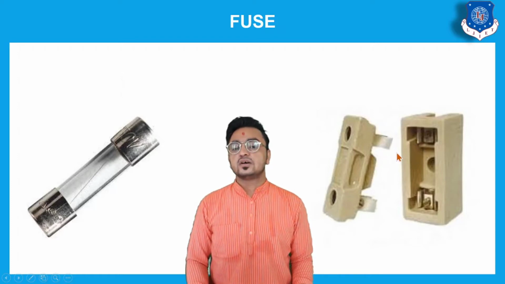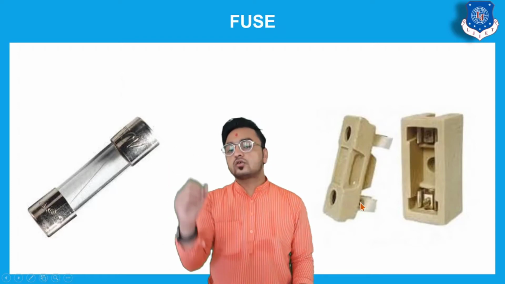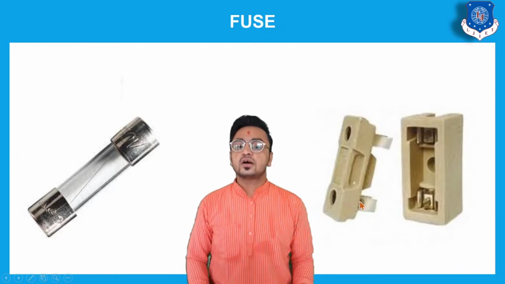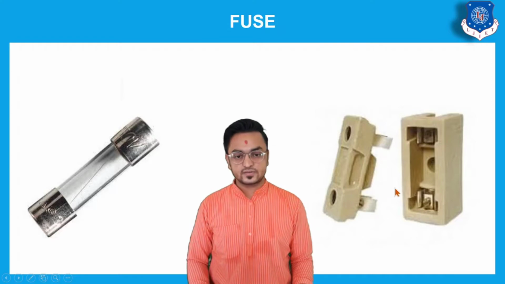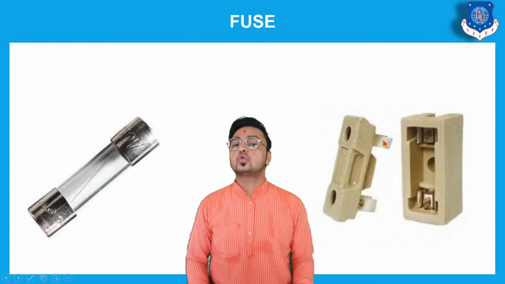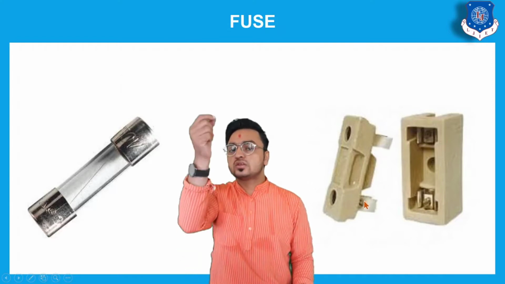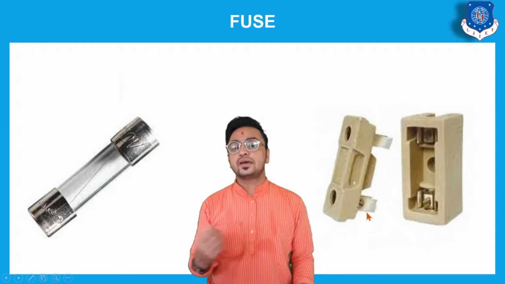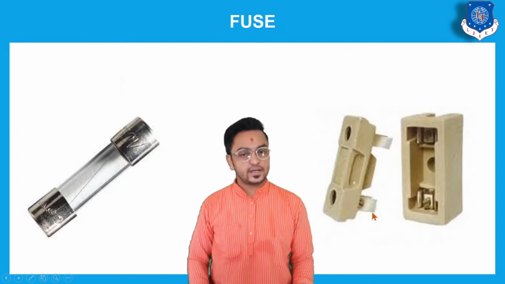In the same way, on the enclosure of this fuse, we again have two contacts which will fit into these two contacts, and these two contacts will be connected with a thin wire which can melt easily at a particular temperature.